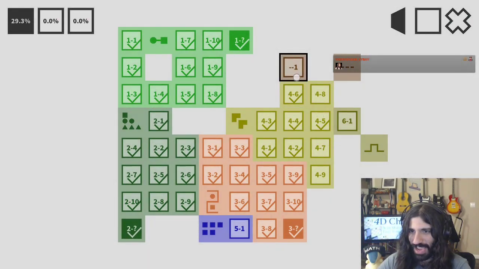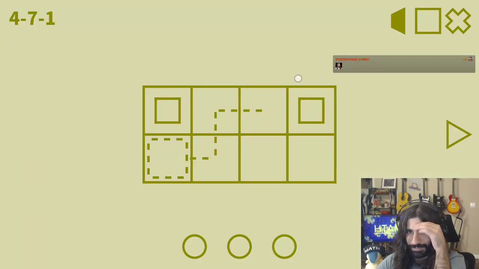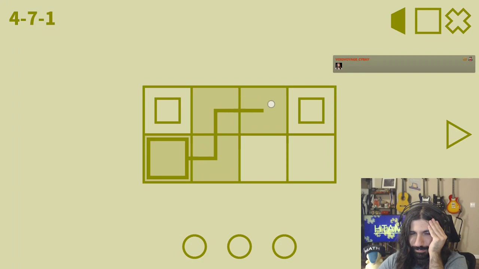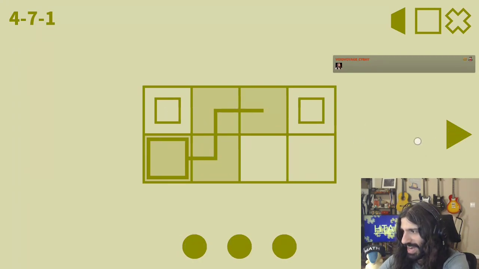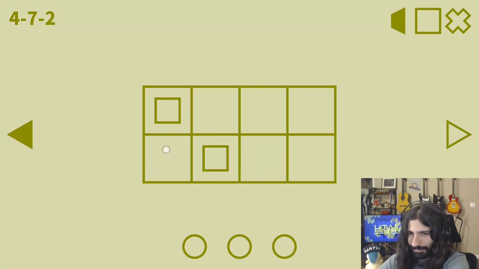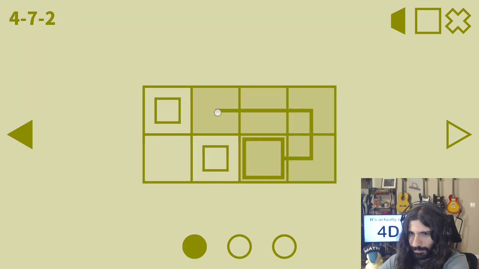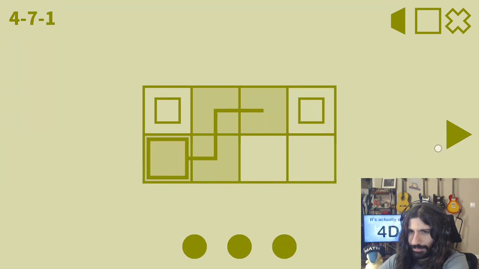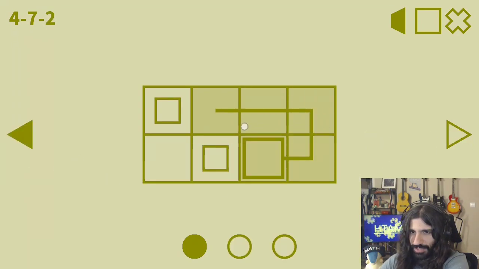Okay. 4, 7. All right. We've got a single square and then a square and an L. How can I possibly divide these squares?